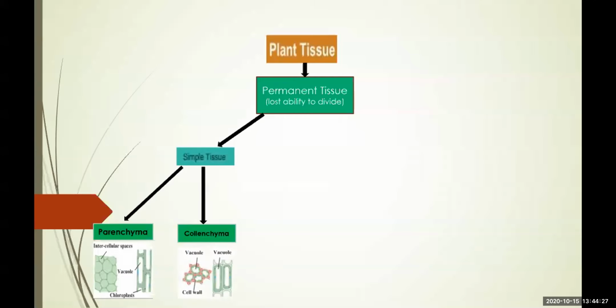Remember this, the cell wall of collenchyma is thick due to deposition of cellulose and pectin. Major function of collenchyma cell is storage of the nutrient and providing support.